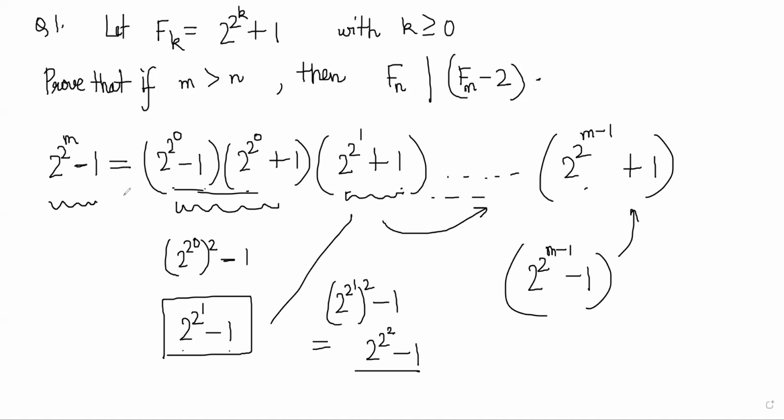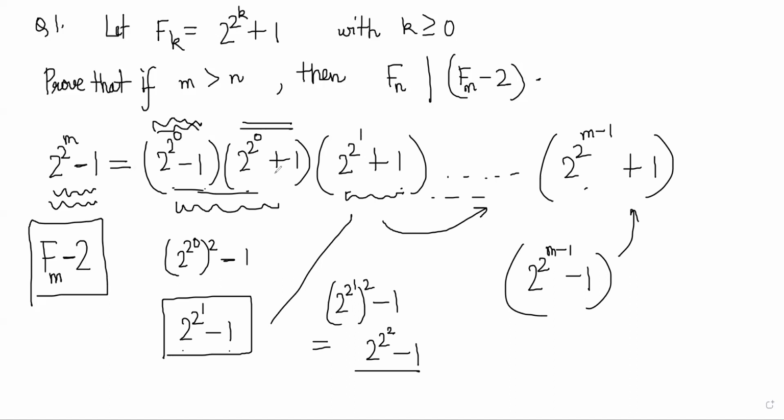Now, why did we do this? Because we can see that 2 power m minus 1, what is that? That is basically f of m, which would be 2 power m plus 1, minus 2. So the left hand side is f of m minus 2. And this term, 2 power 0 minus 1, is actually 1.